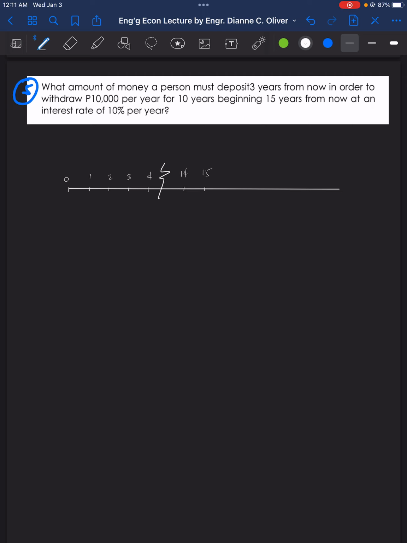So says here what amount of money a person must deposit 3 years from now. So it's asking here is the value of P. In order to withdraw 10,000 per year for 10 years beginning 15 years from now. So beginning 15 years, here is the beginning of 15 years. So if we continue here, 16, 17, 18, 19, 20. Or we can break it again.